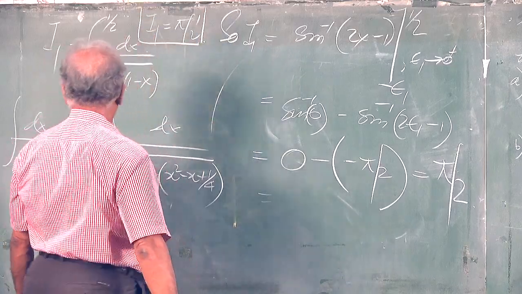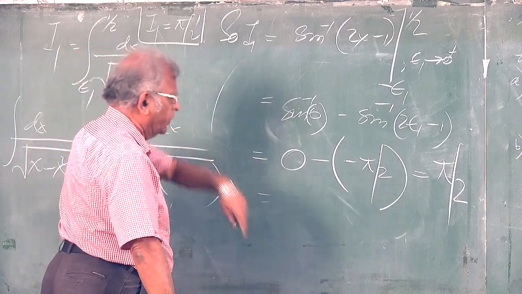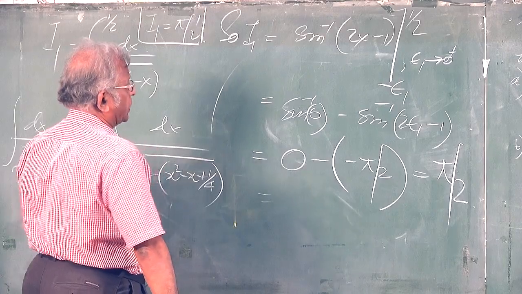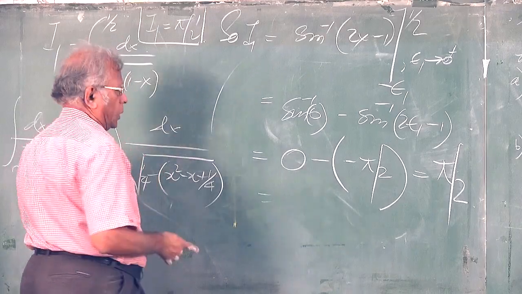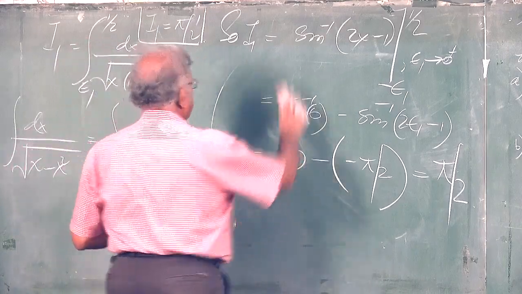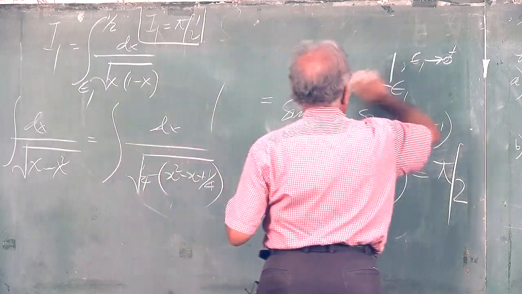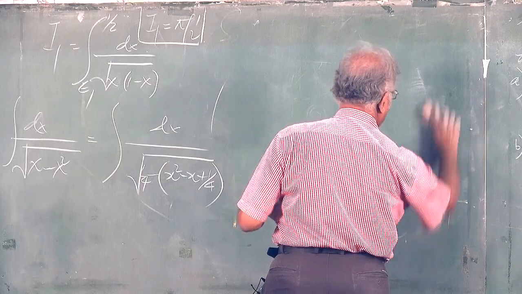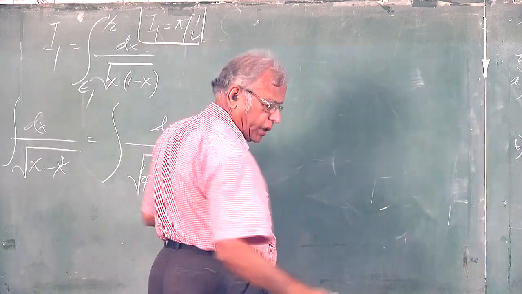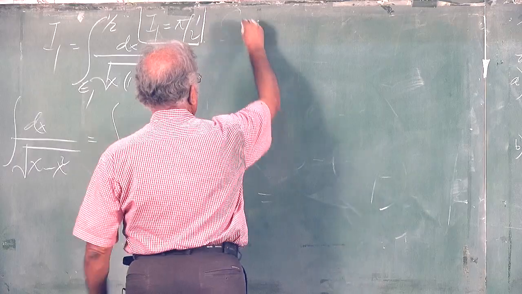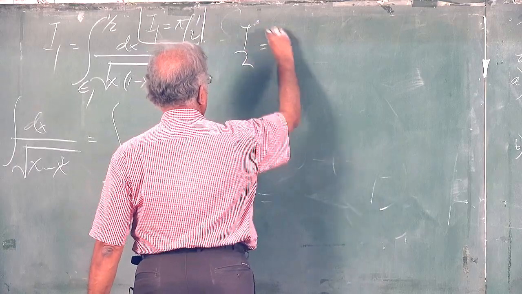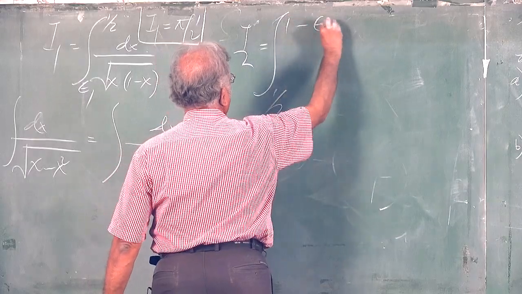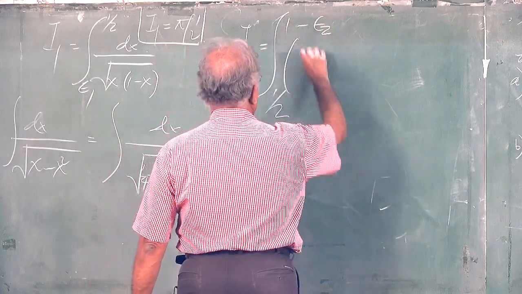Next is to evaluate from half to 1 minus epsilon 2. That was I2. I2 is equal to the same integrand, from half all the way up to 1 minus epsilon 2.